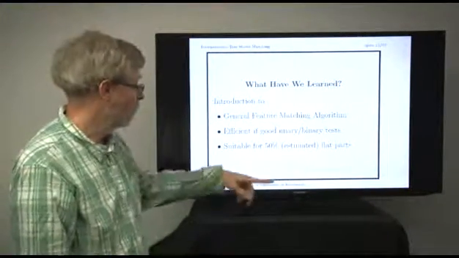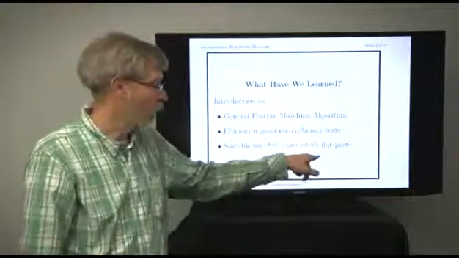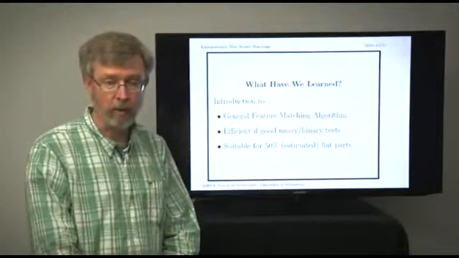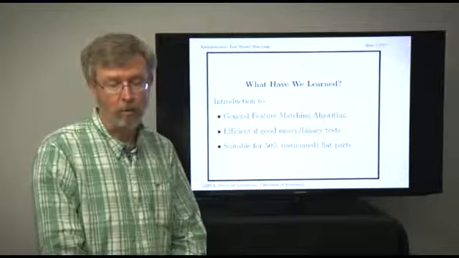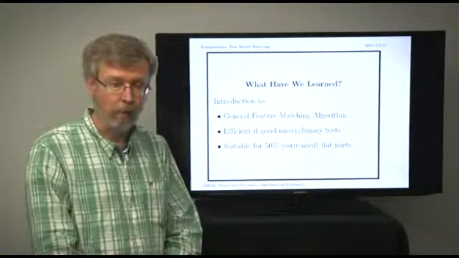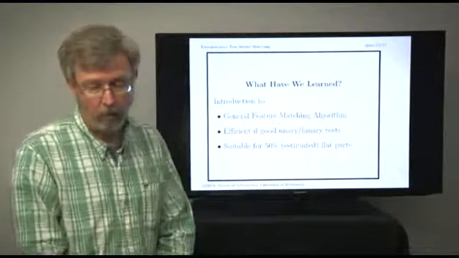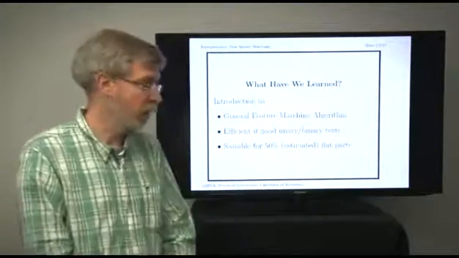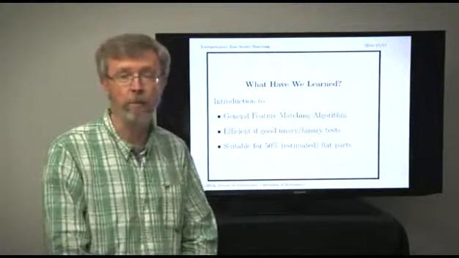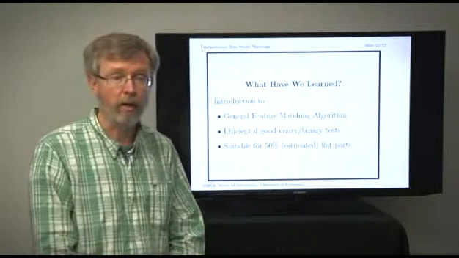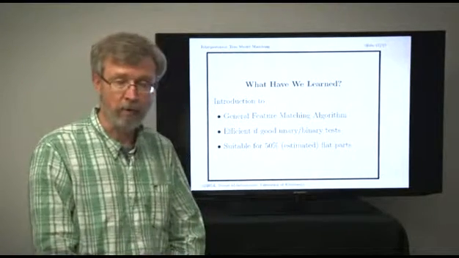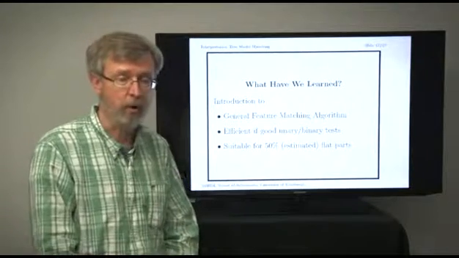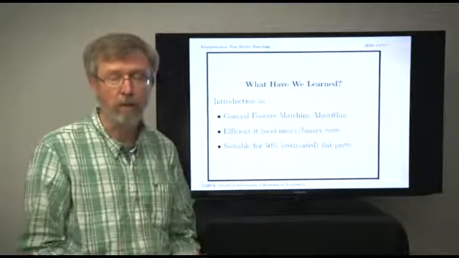We've also only looked at this for flat parts where we have some straight lines and straight edges. And you might say, well, what about real parts? Well, if you look at the kinds of parts that people actually manufacture, this kind of algorithm will work for about half of those parts. And the reason for that is that, as I've said previously, when people manufacture parts, they're usually meant to fit together with something.